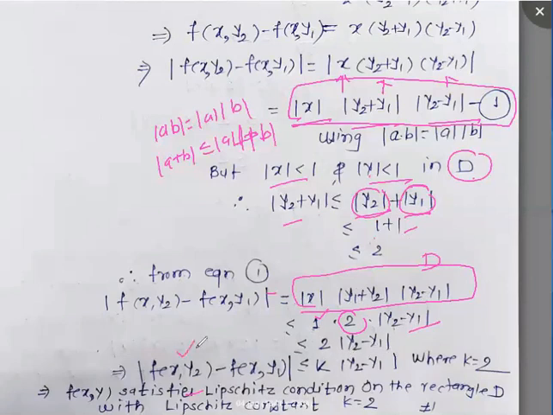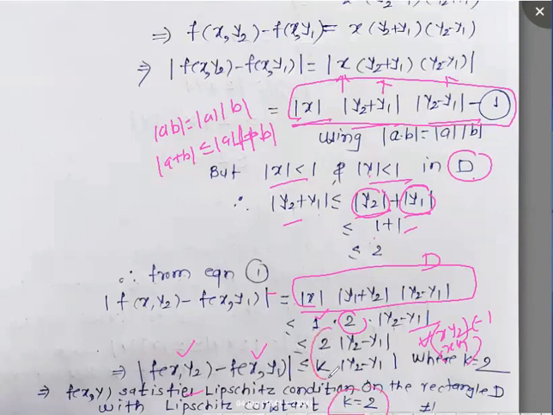So the modulus of f of x comma y2 minus f of x comma y1 is smaller than k into mod of y2 minus y1, where k is 2, and this holds for all points x comma y2, x comma y1 in the region D. So the Lipschitz condition is satisfied on the region D with Lipschitz constant k equal to 2.